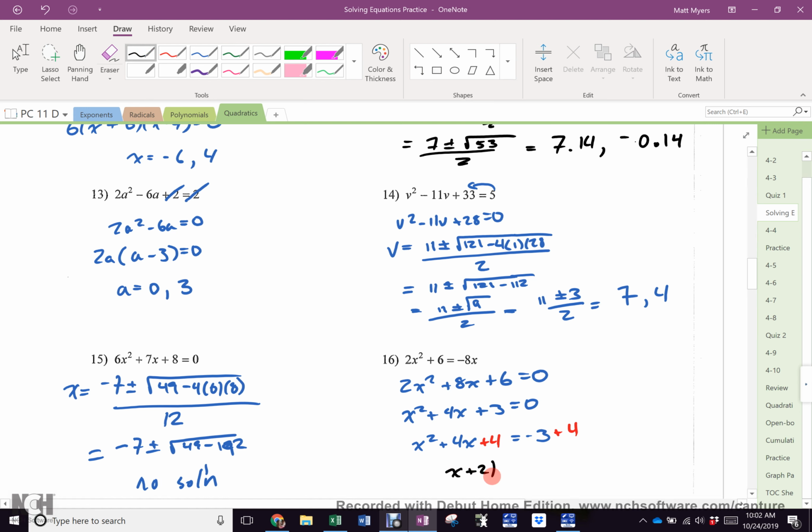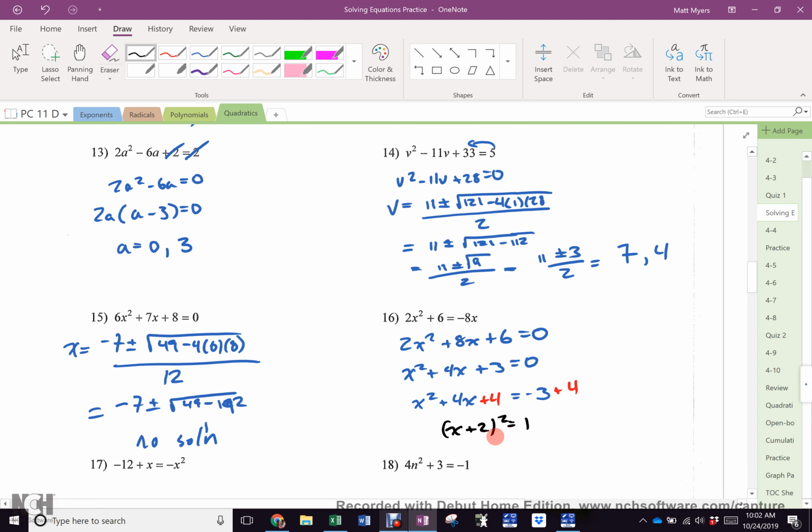X plus 2 squared equals 1. X plus 2 equals plus or minus 1. X equals negative 2 plus or minus 1. So x equals negative 3 and negative 1.